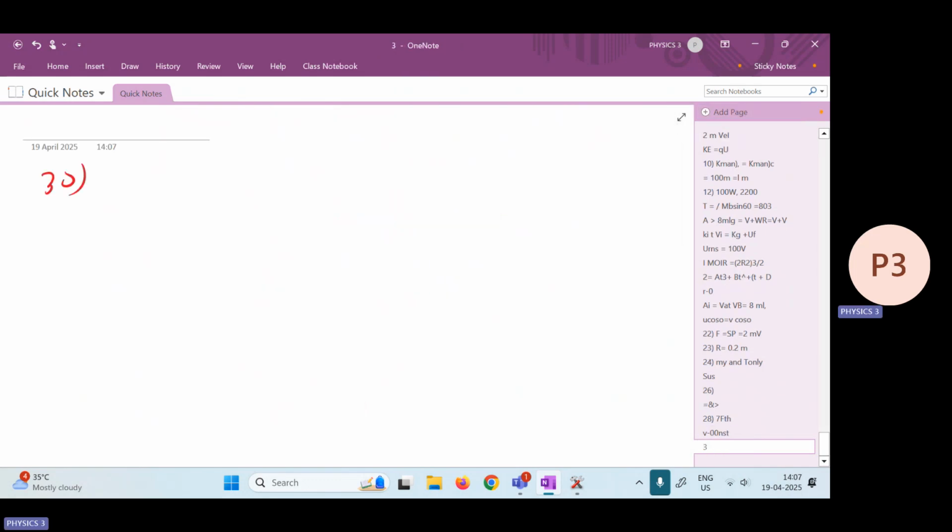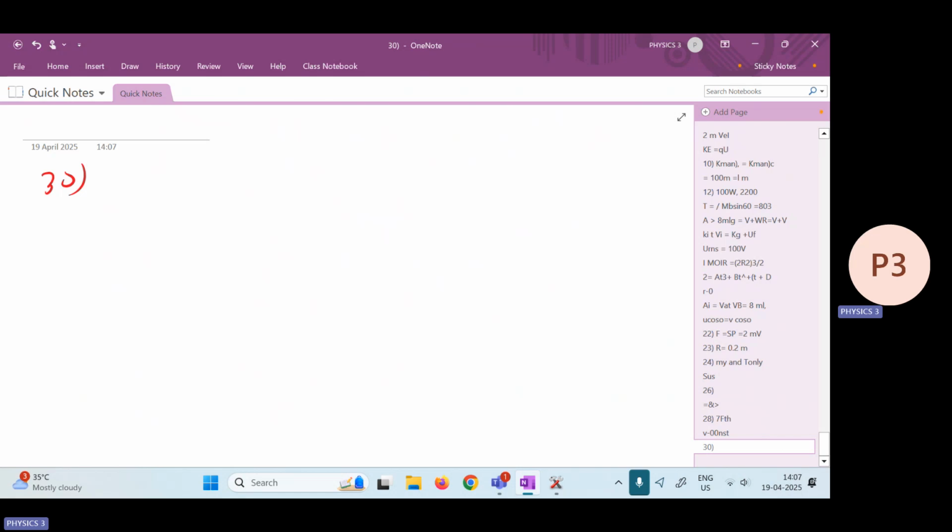The 30th question. We have got two rods, one hollow and the other solid, made of the same material, having the same length of 20 centimeter and radius of 2 centimeter. When their temperature is increased by the same amount of 50 degrees centigrade, their expansion ratio is.